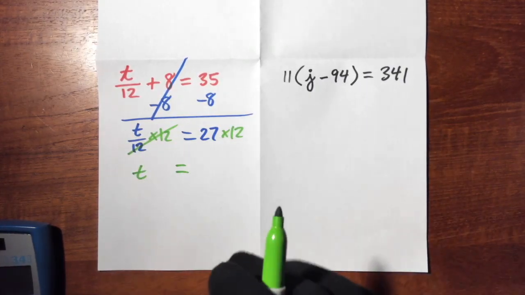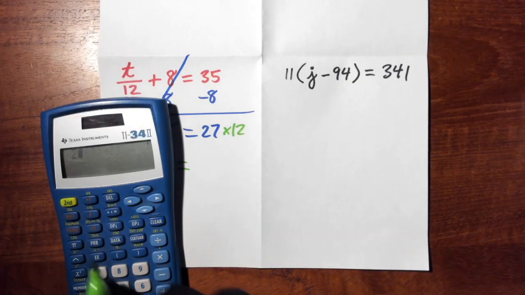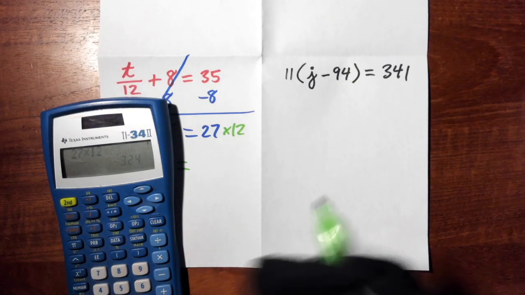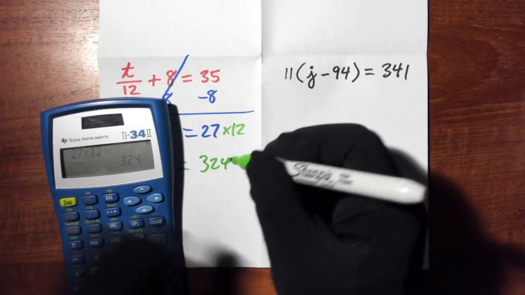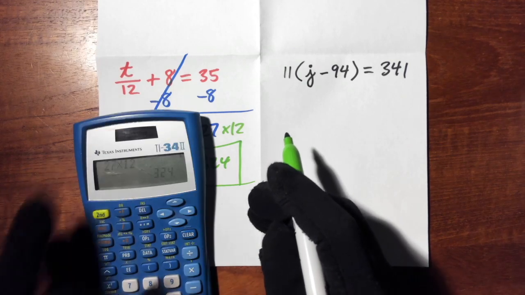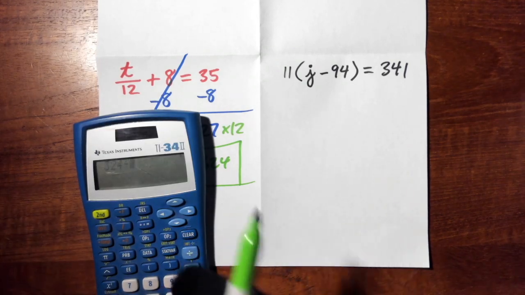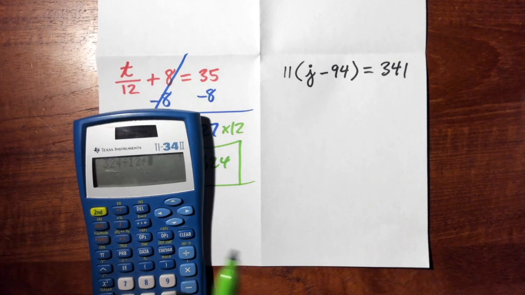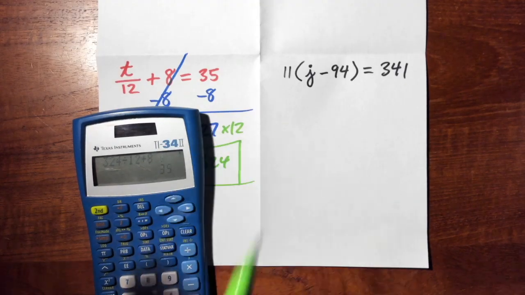T equals 324. Double check the answer. 324 divided by 12 plus 8 equals 35.